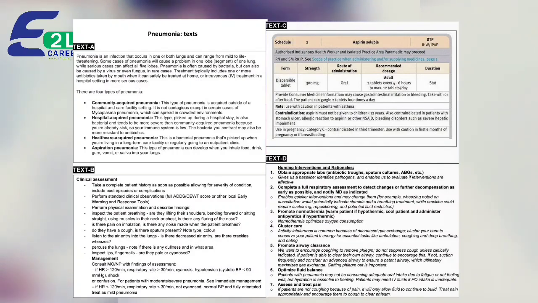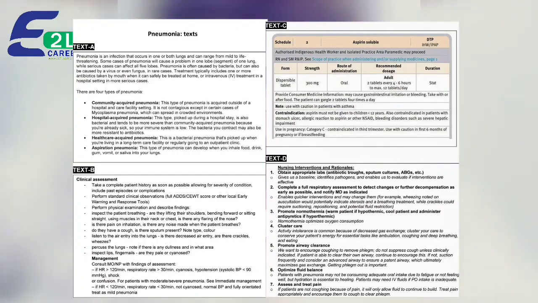Fine. Now we'll move to the box where they have given the headings: form, strength, route of administration, recommended dose, and duration. They have written tablet, dispersible tablet 300 mg, route of administration oral, recommended dose minimum 2 tablets every 4 to 6 hours and maximum 12 tablets per day, and duration is a stat dose.